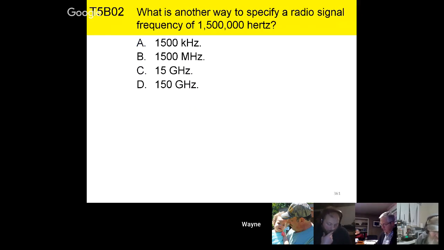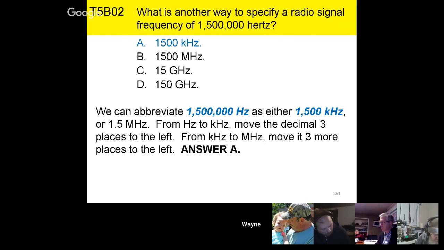What is another way to specify a radio signal frequency of 1,500,000 hertz? Careful with this one. There's only one correct answer. If you answered A, that is correct. It is 1,500 kilohertz.